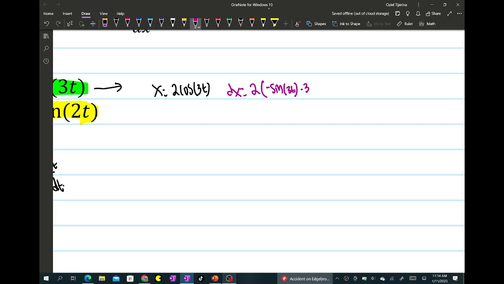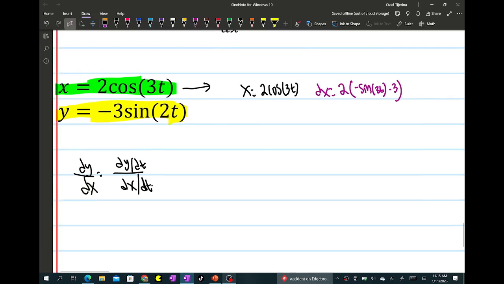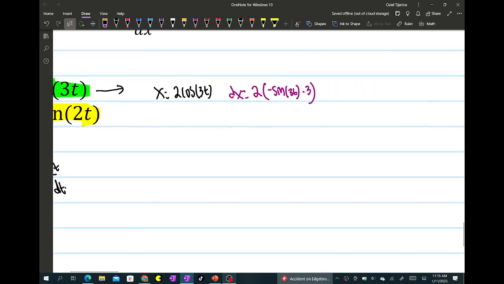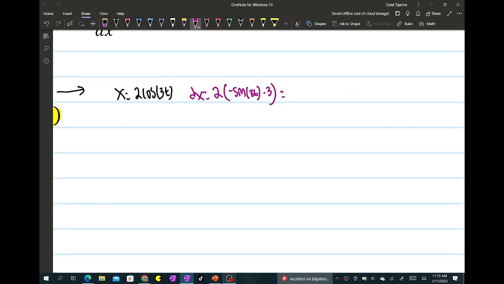If you guys don't know the chain rule, I do believe I have videos on that in my Cal 1 playlist, but you have to know the chain rule for these. So you simplify this, and dx will be negative 6 sine of 3t.